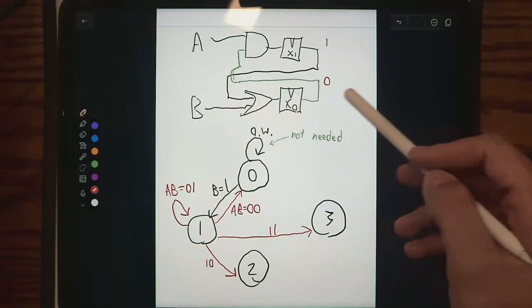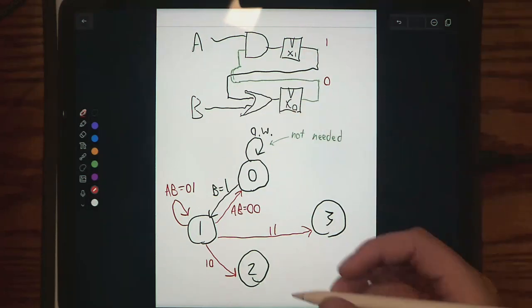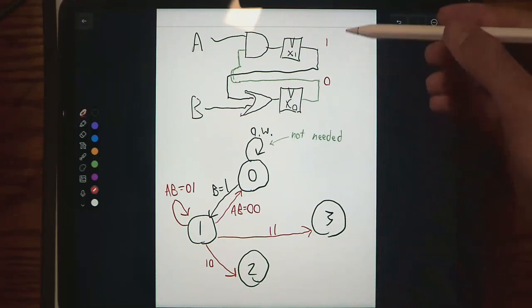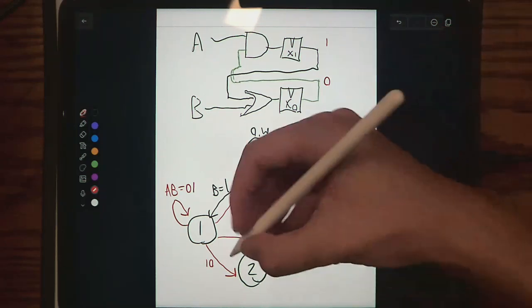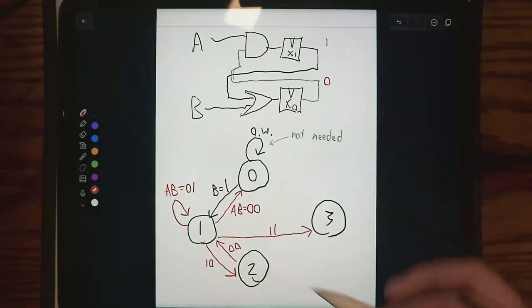So therefore, we'll have a 1 over here. So what state will 0, 0 give us? Is that right? That is right, yes. So when we have 0, 0, it goes to 1, okay?